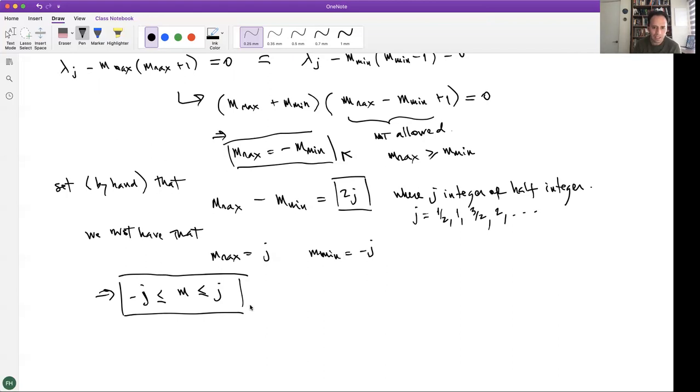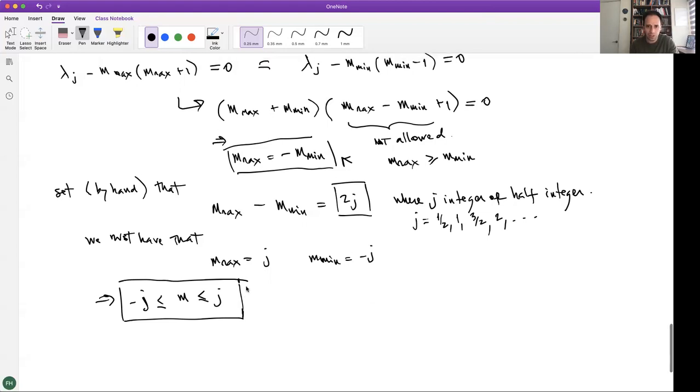Okay, and that gives us this. This is the usual range of allowed values for m, which is the azimuthal quantum number that you saw in the hydrogen atom. And if you saw the rigid rotor, you also saw this. But now we have derived it, in quotation marks.